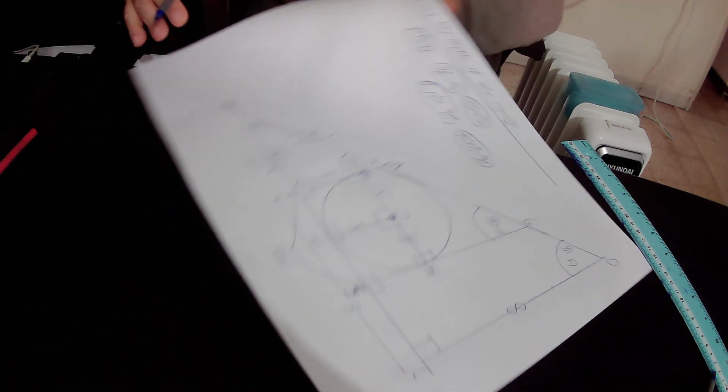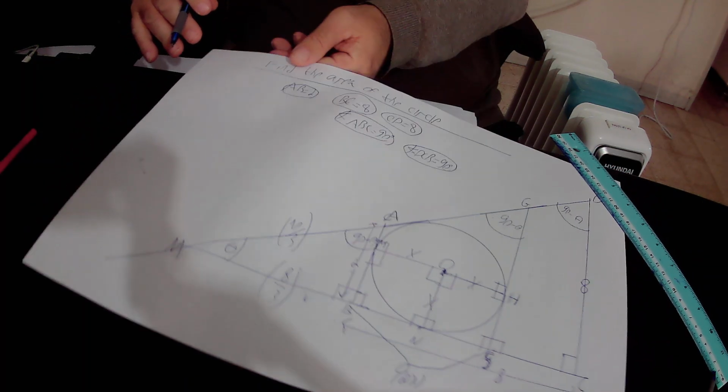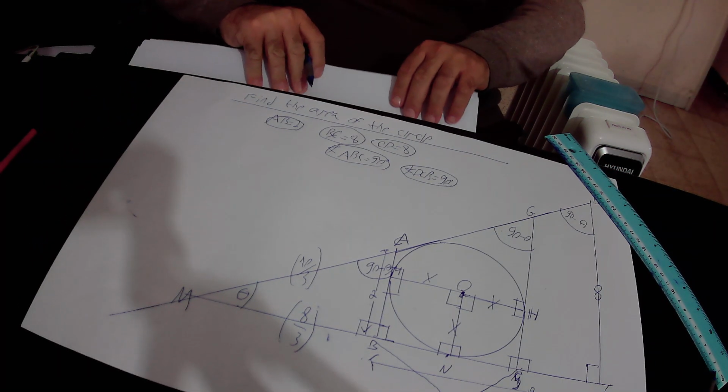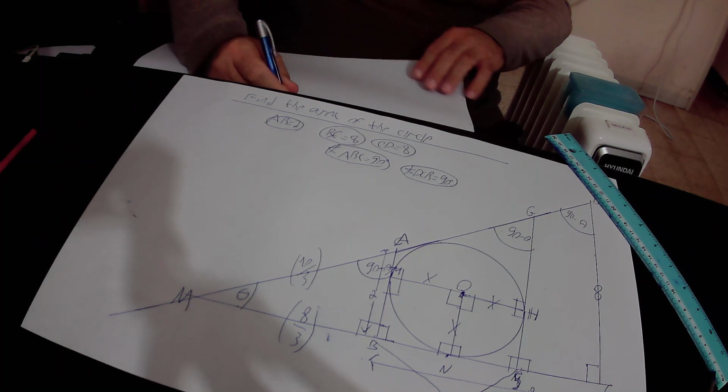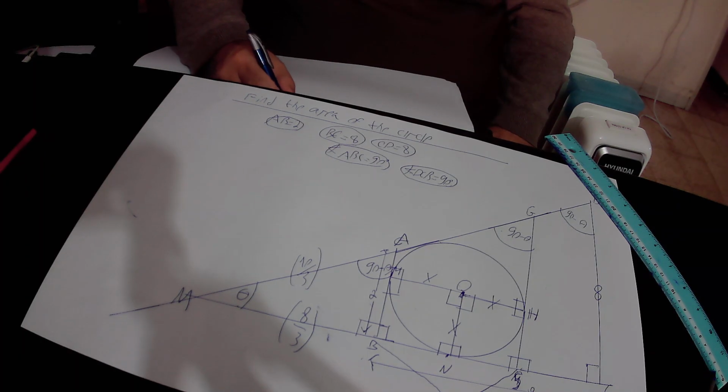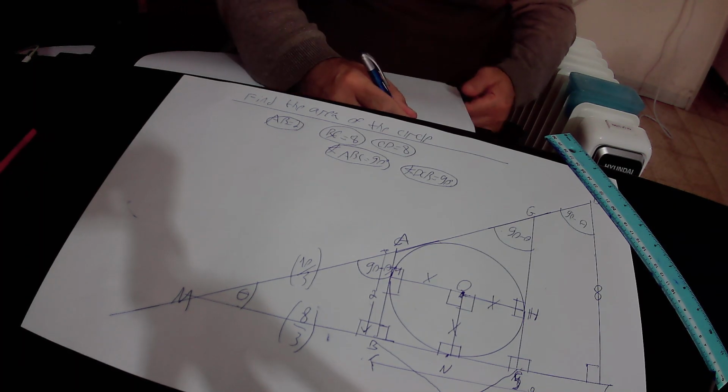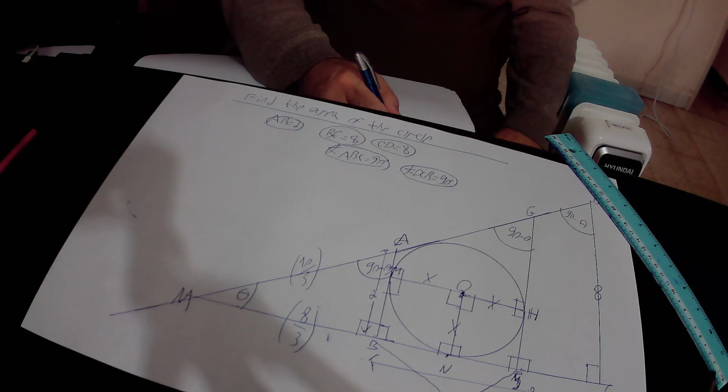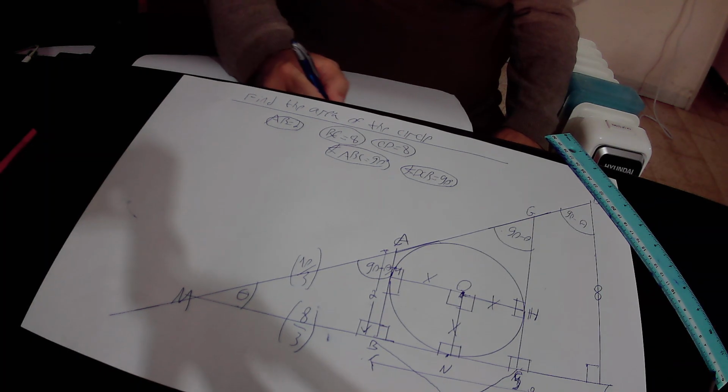What is known, the big triangle MGS is similar to the right triangle A and B.